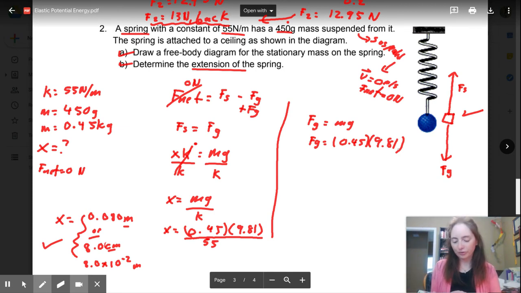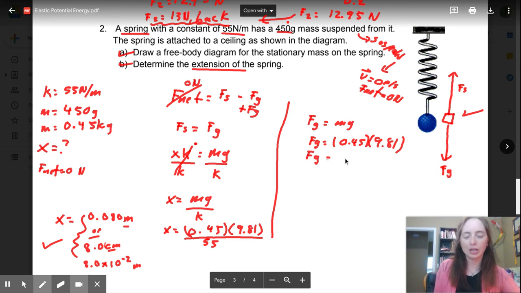And so 0.45 times 9.81. And I'm going to wind up with an FG of 4.4145... I'm going to equate that to my Fs because Fg equals Fs. Therefore, Fs is going to equal 4.4145... newtons.